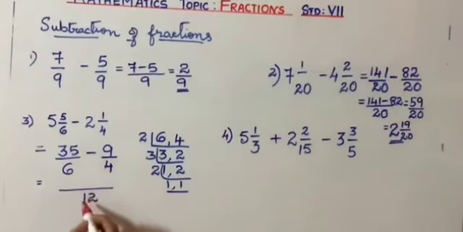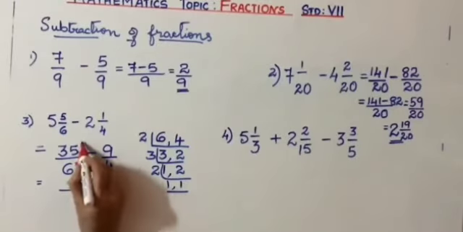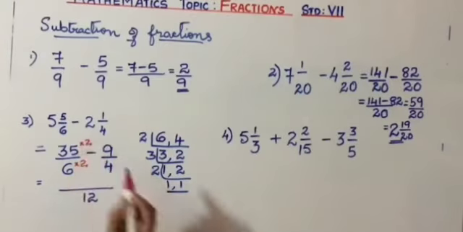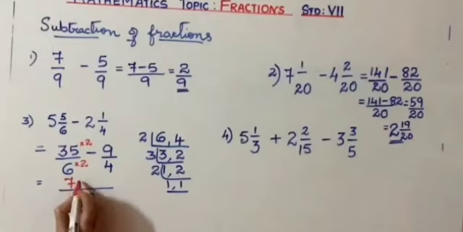So what's the equivalent fraction? 6 into what is 12? Yes. 6 into 2 is 12. And what is 35 into 2? Yes. Come on, right? It is 70. Is it not?